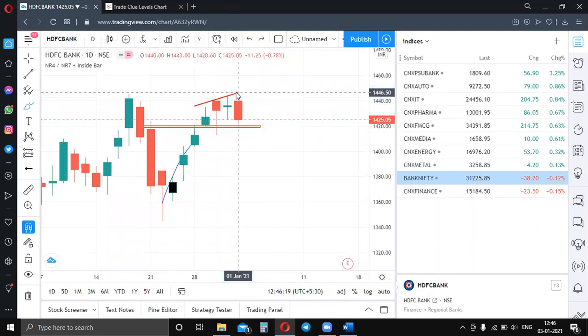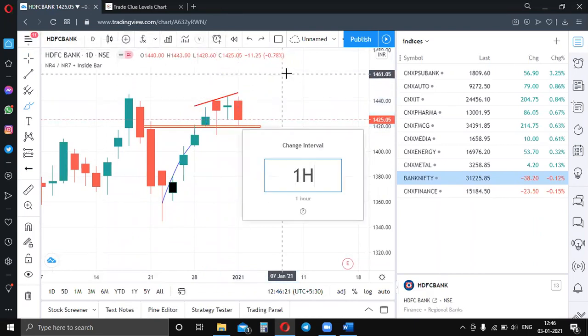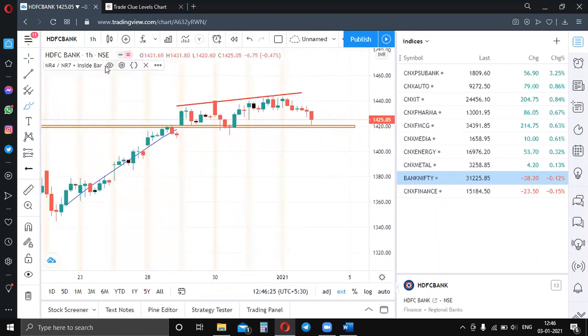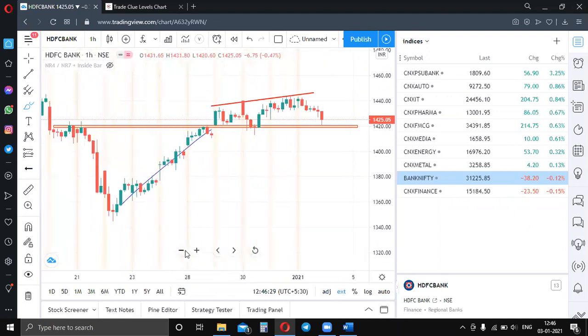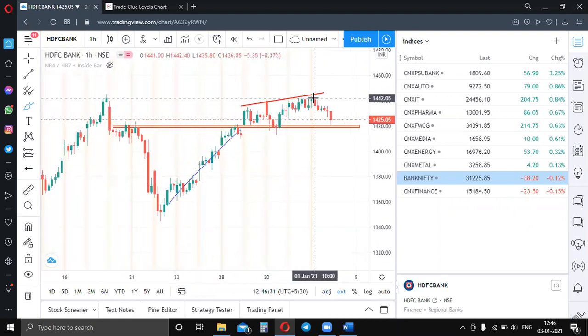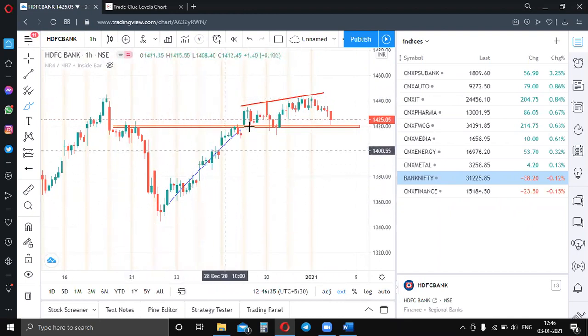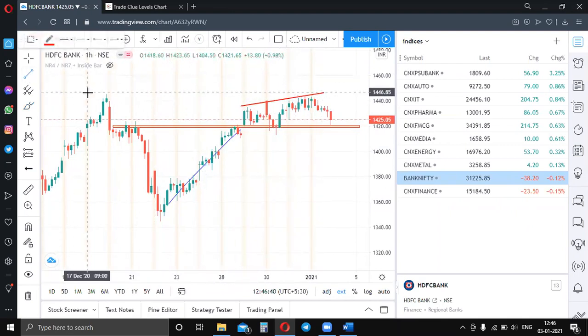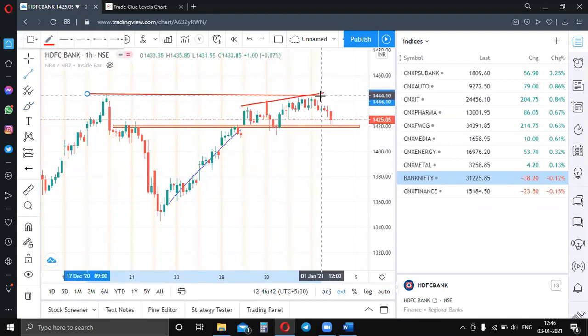I'll go and break it into hourly candle. Here I am seeing a very good uptick in HDFC Bank for a few days, but now it is going sideways, moreover along with previous resistance.